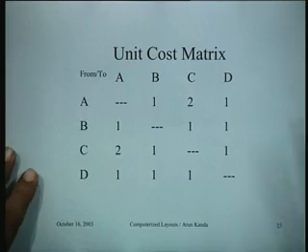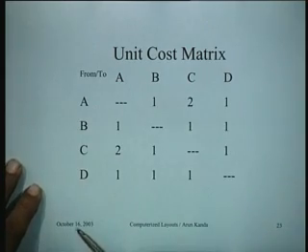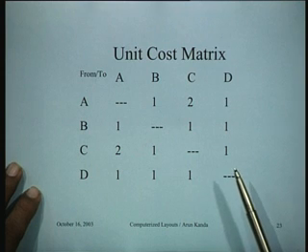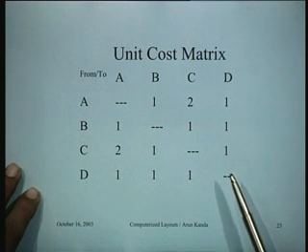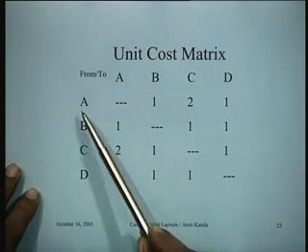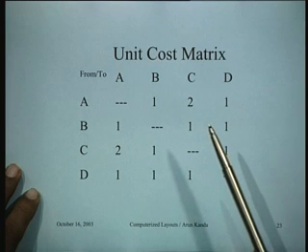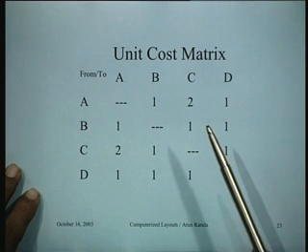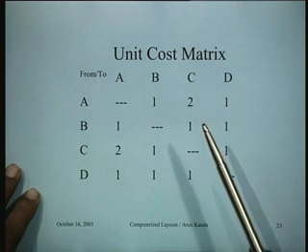The next thing we do is that we might have a unit cost matrix. A unit cost is nothing but the cost incurred in transporting between different pairs of departments. You could be using different methods of material handling between departments.